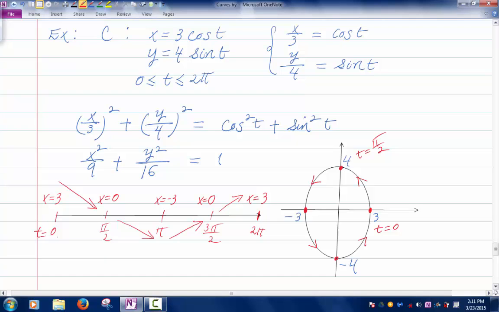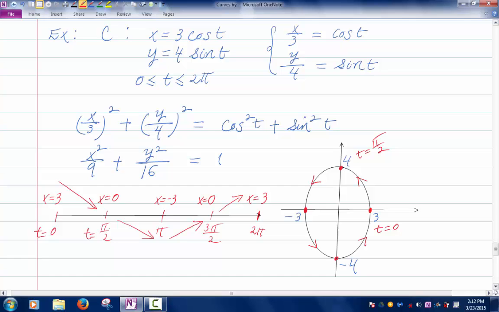When t is pi over 2, x would be 3 cosine pi over 2. Cosine pi over 2 is 0, so I get 0. Same way, the x value at pi would be 3 cosine pi. Cosine pi is negative 1, so you get negative 3.